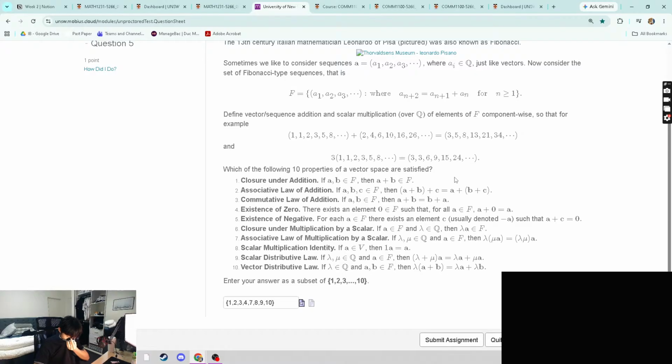So if like 1, 1, 2 plus 0, 0, 0, we still get 1, 1, 2, which is still going to be in F. Existence of a negative, and it would be a zero vector, which probably doesn't make sense at all.